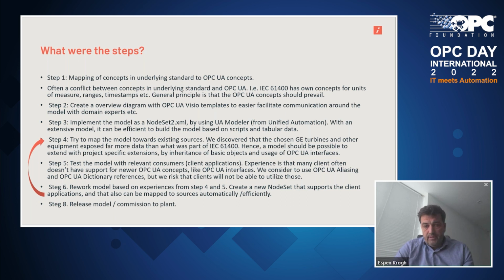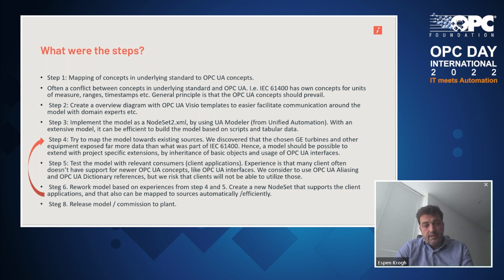Next, you do the initial work of creating some diagrams. We use the OPC UA visual templates, and this facilitates easy communication around the model with domain experts. So it's important now to get all the domain experts and their comments into this, and also the client application they could use, and confirm that this looks good.